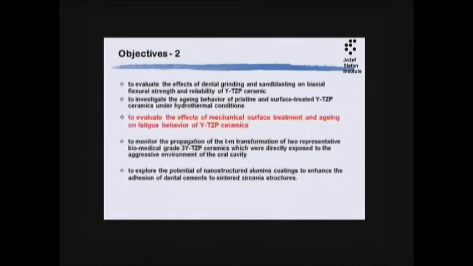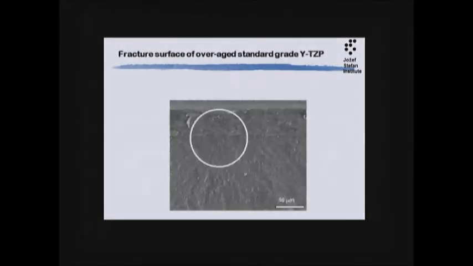Okay, we checked the fracture surfaces, and you'll realize that's an overaged standard grade material with a very thick transformed layer, see? And the fracture started here, and that was kind of a delamination. So by aging, if nothing else, you will reduce the load-bearing area, okay? If nothing else.